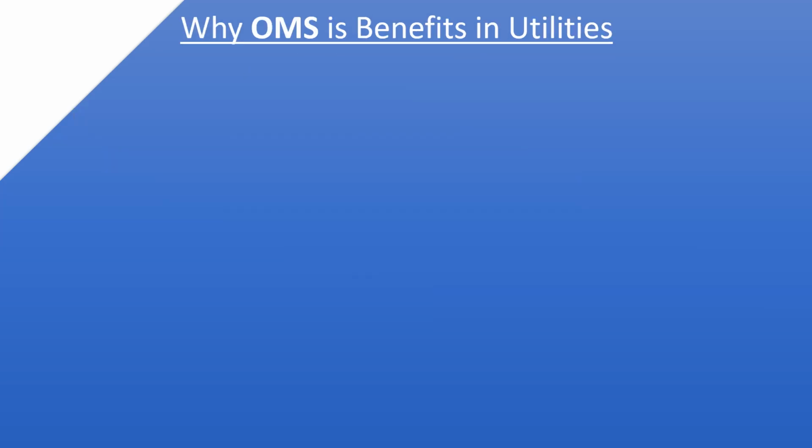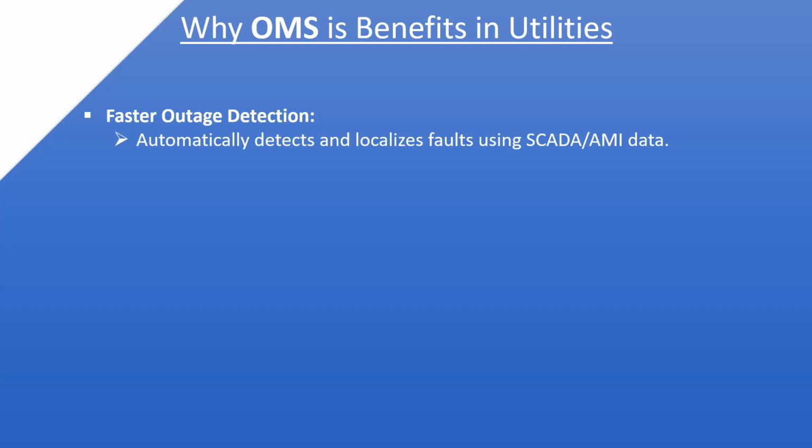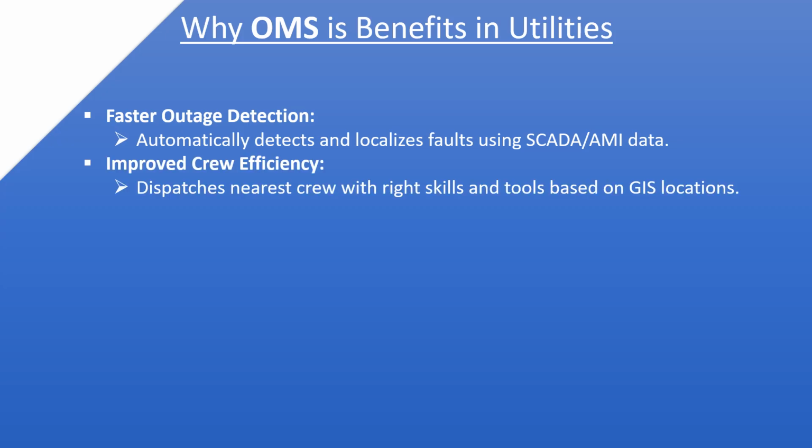Why is OMS beneficial in utilities? Faster outage detection: it automatically detects and localizes faults using SCADA and AMI data. Improved crew efficiency: dispatch the nearest crew with the right skills and tools based on GIS location.